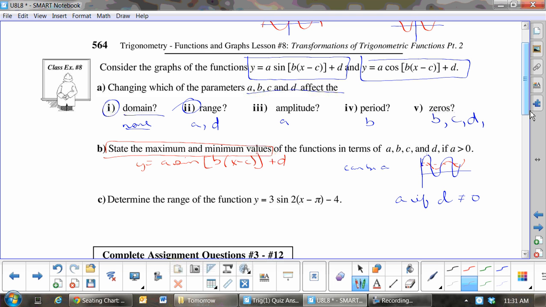D is your midline, right? You take D plus A, you'll get your maximum value. Okay? So your max is D plus A. What would your minimum be?